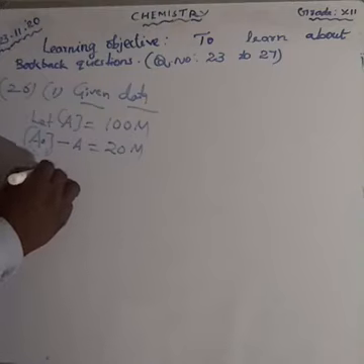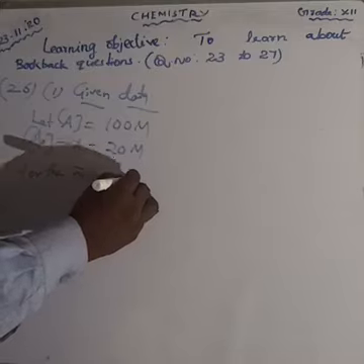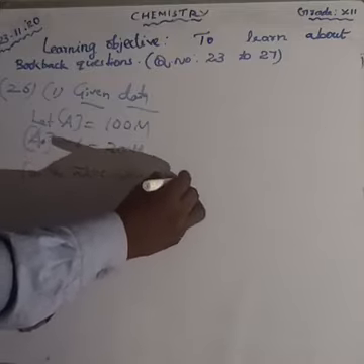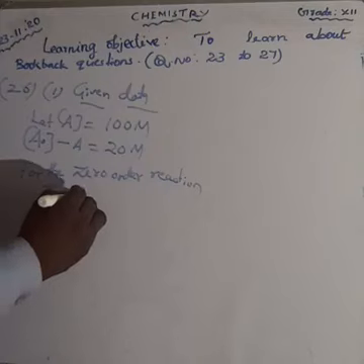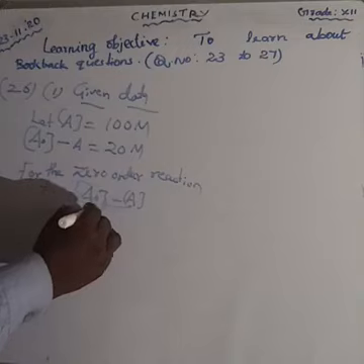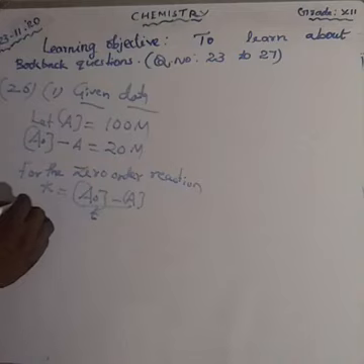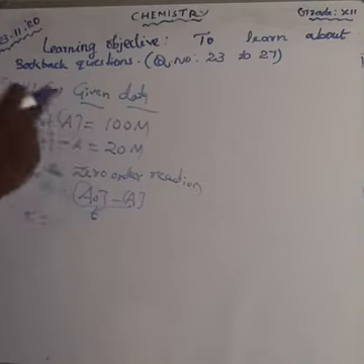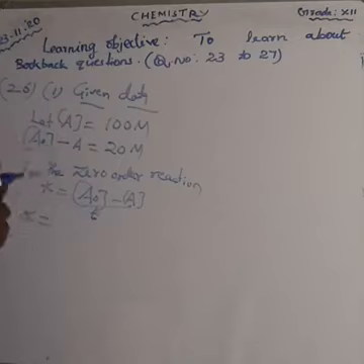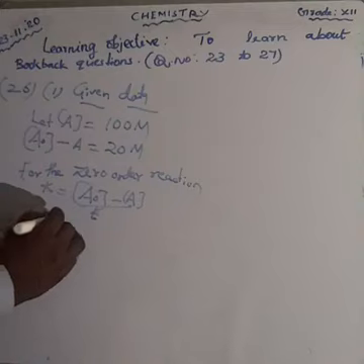Further, for a zero order reaction, K is equal to A naught minus A divided by T. A naught minus A we get 20.